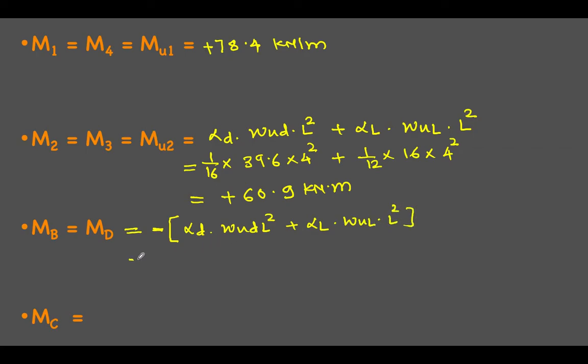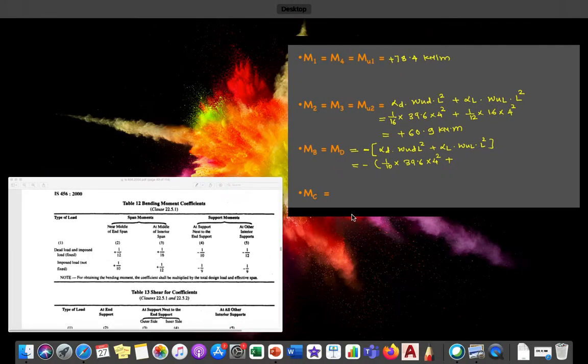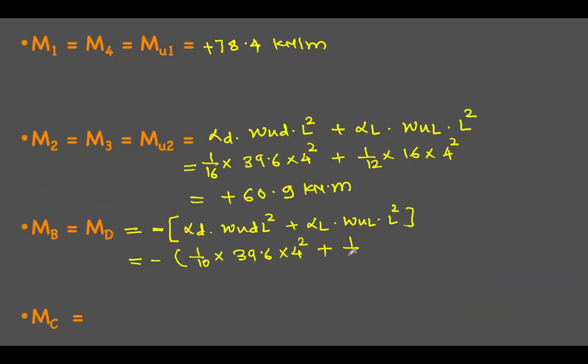So this is minus of 1 by 10 into 39.6 into 4 square, plus alpha L, which was 1 by 9, into 16 into L square, which is 4 square, and thus we will get minus 91.8 kilonewton meter.